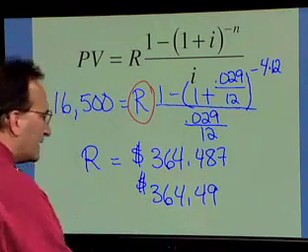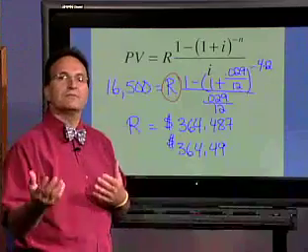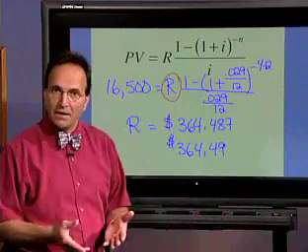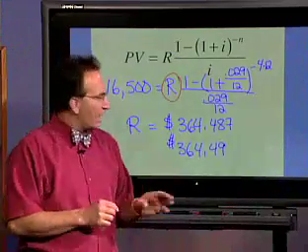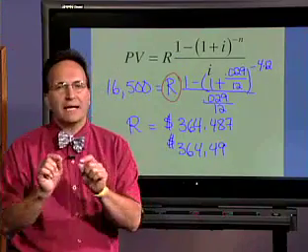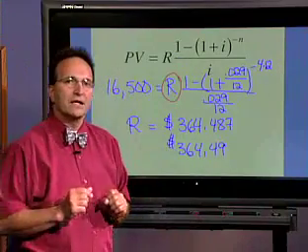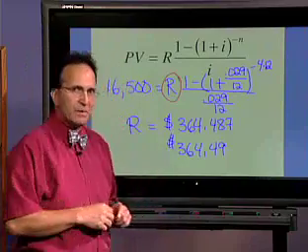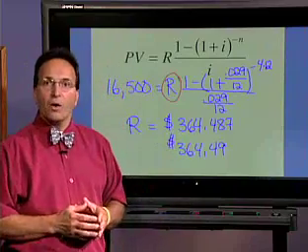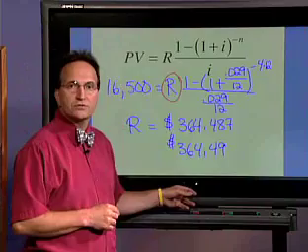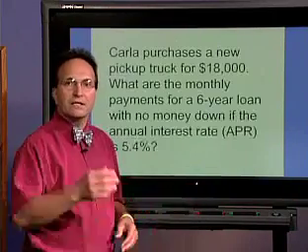So that would be the payment that he would have to make each month. However, because of that rounding off, he would make a slightly smaller payment as his last payment to account for that. Well, now it's time for you to try a problem, and I'm going to give you one that involves a loan.